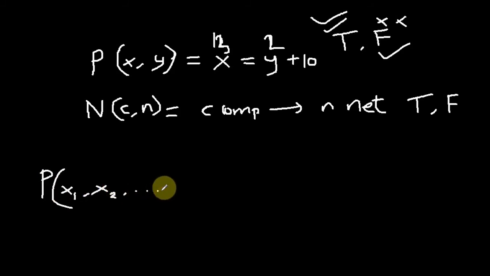It can have x n variables. So this is called an n-place predicate.